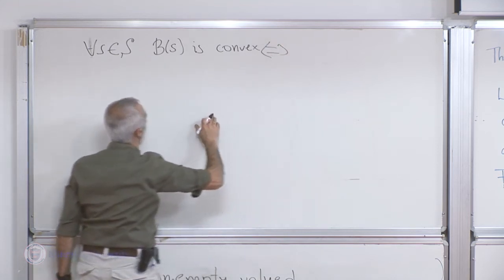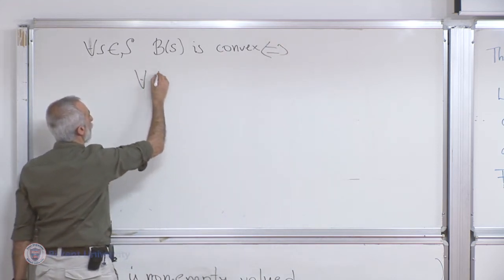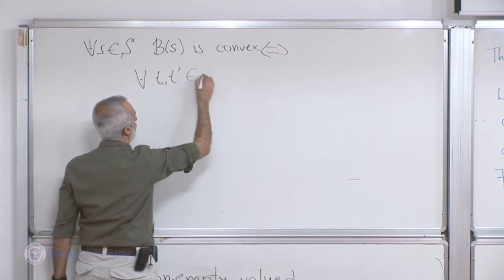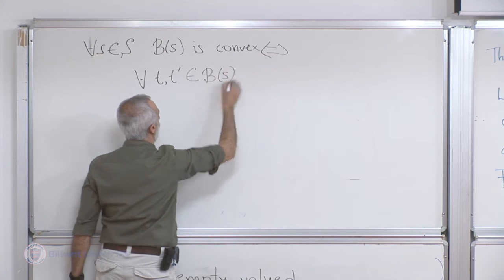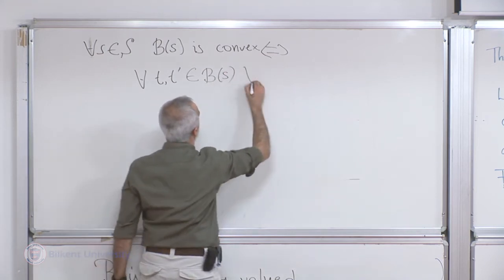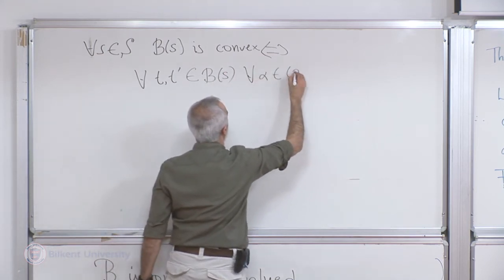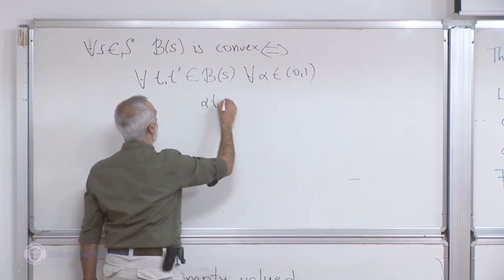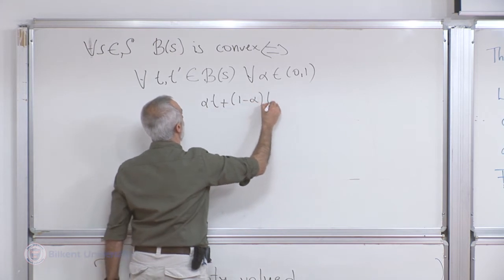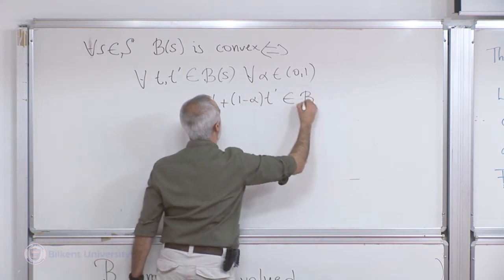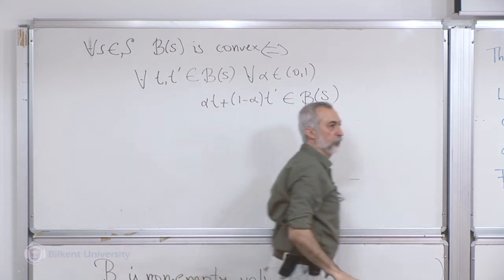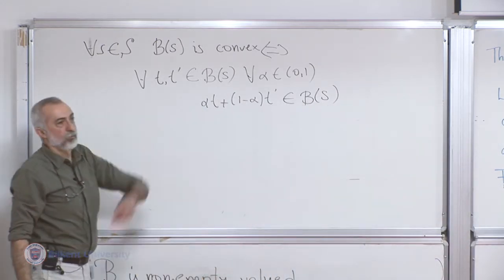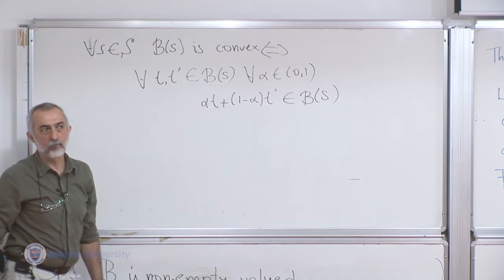That's the case if and only if for any T and T prime in B of S, for any alpha between 0 and 1, alpha T plus 1 minus alpha T prime is also in B of S. So, which condition do you think will guarantee this?